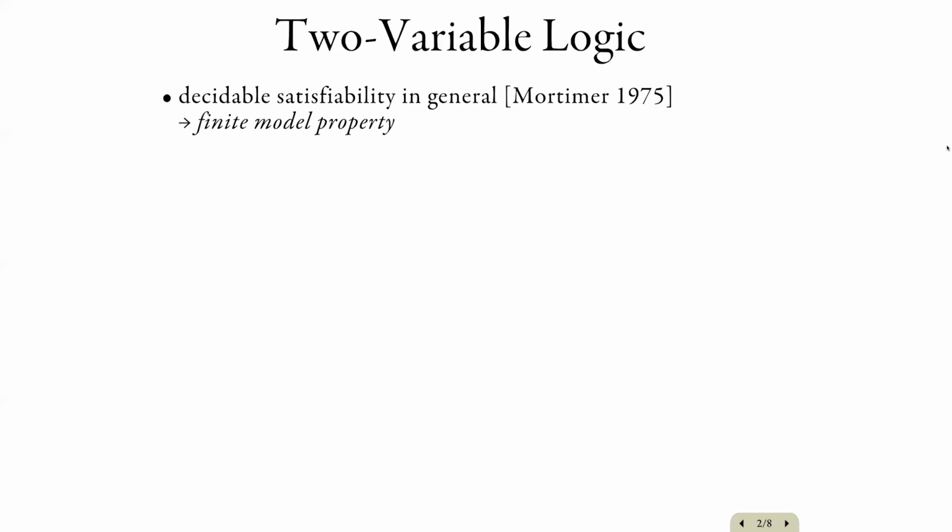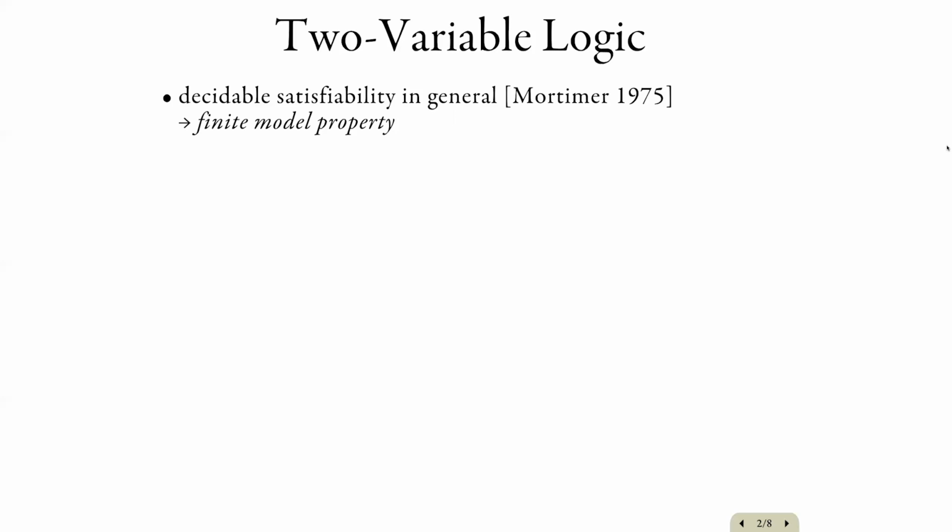One semi-procedure scans through all finite models and checks whether one of them satisfies the sentence. And the other semi-procedure scans through all proofs that the sentence is contradictory. And by Gödel's completeness theorem and Mortimer's result, exactly one of those semi-procedures will terminate in finite time.